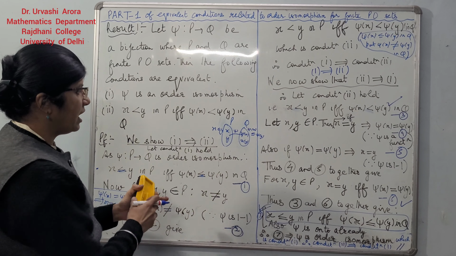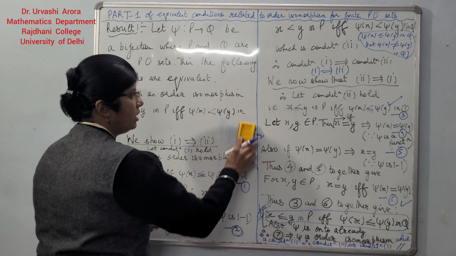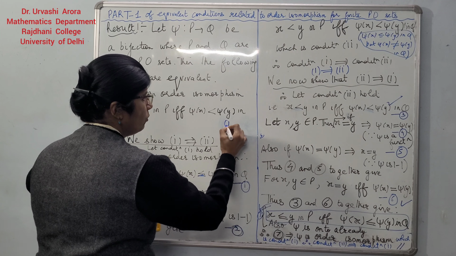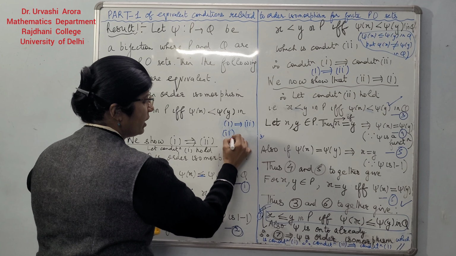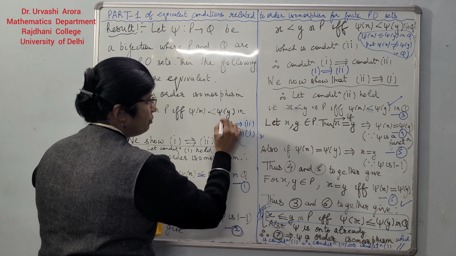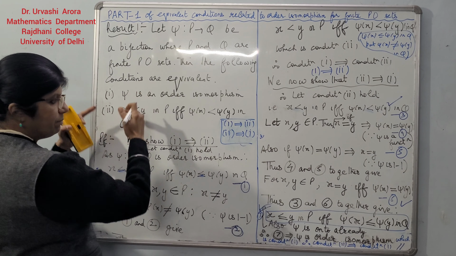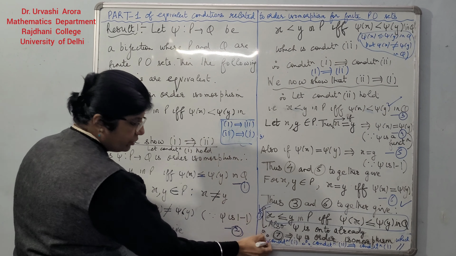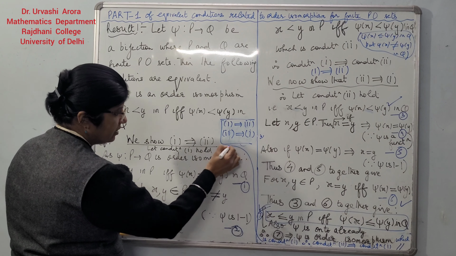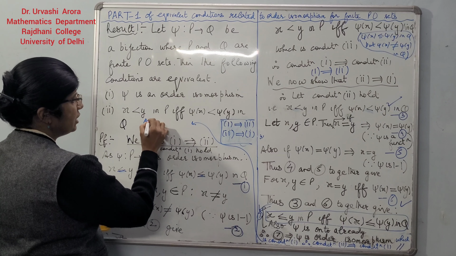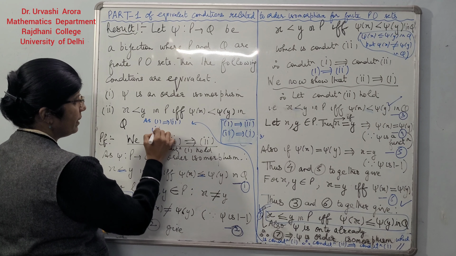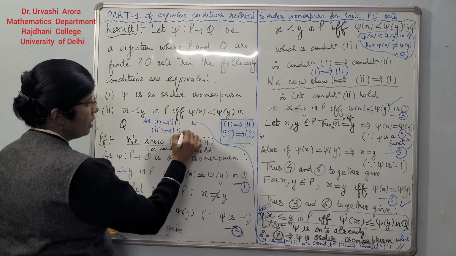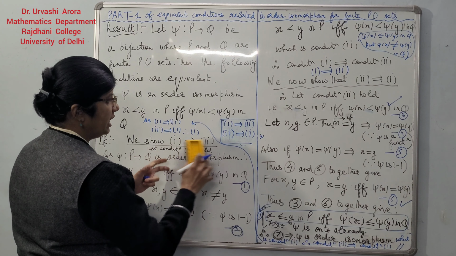The crux of the whole thing is that we have shown that 1 implies 2 in the first part, and we have shown that 2 implies 1 in the second part. As 1 implies 2 and as 2 implies 1, therefore 1 and 2 are equivalent.